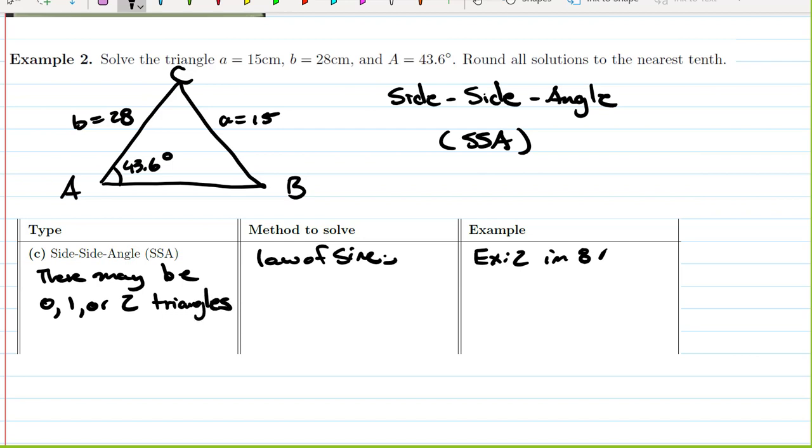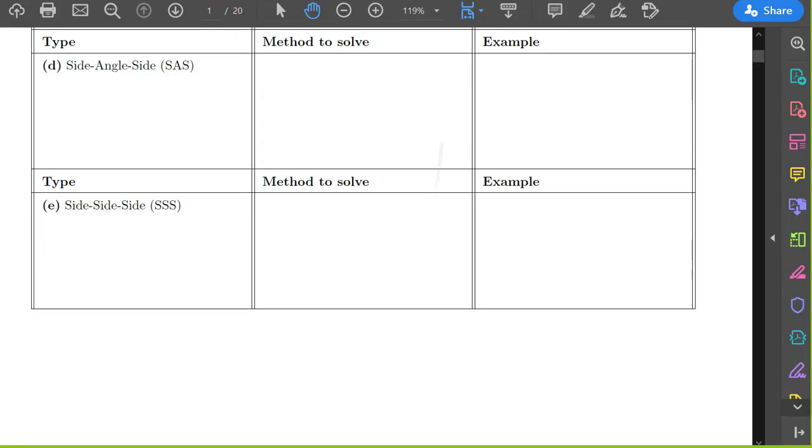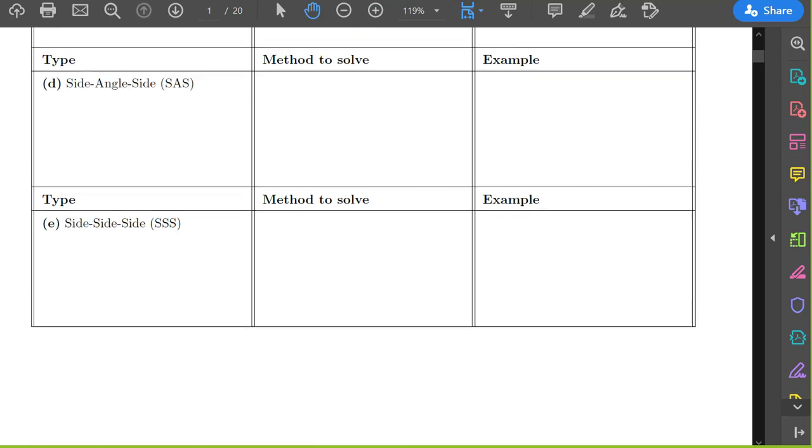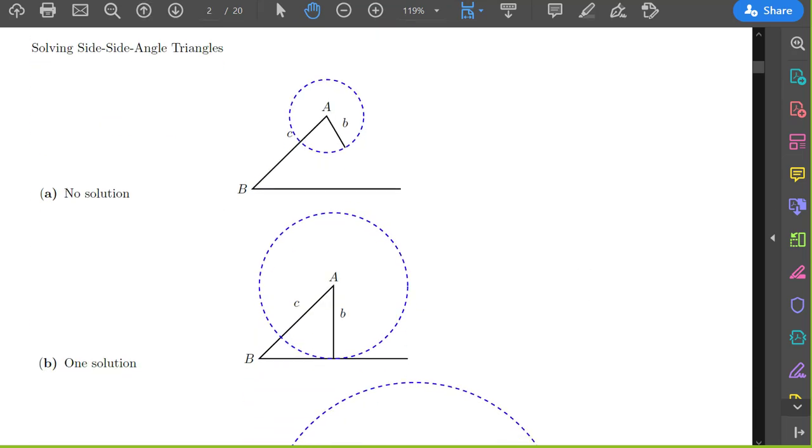The law of sines in the side side angle case is called the ambiguous case because it's possible for there to be no triangles, it's possible for there to be one triangle, and it's possible for there to be two triangles.